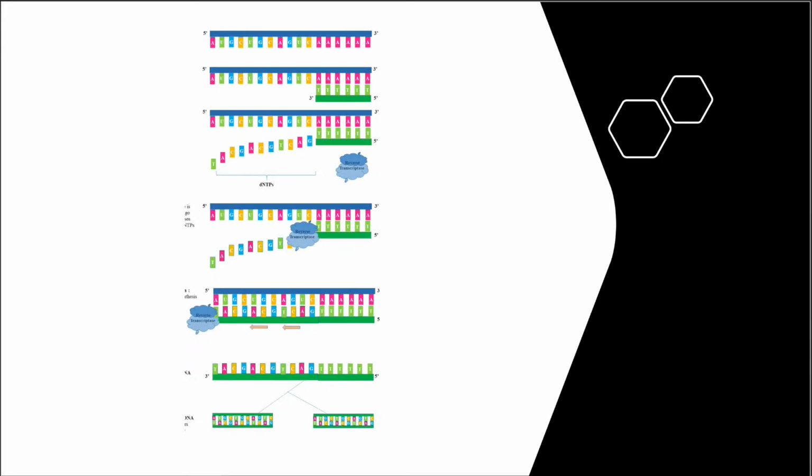In RT-PCR, the RNA population is converted by reverse transcription, and then the cDNA is amplified by the polymerase chain reaction. So that's basically the whole process. First, we convert the RNA to cDNA by reverse transcription, and then the cDNA is amplified by polymerase chain reaction.